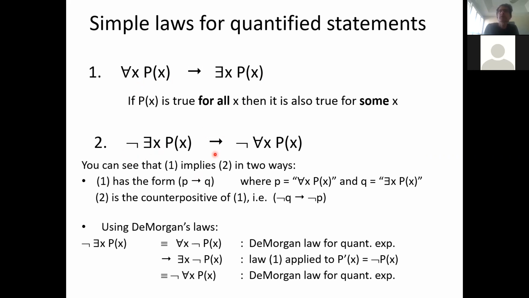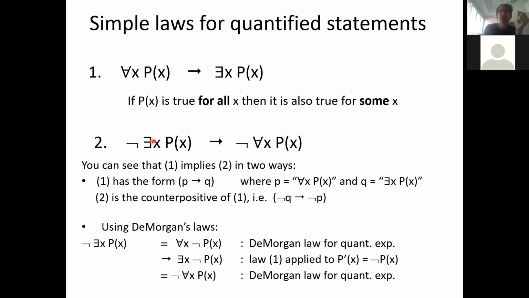Now let's look at the negation. If you are saying that it's not true that there exists an x for which the predicate holds, that implies that it's also not true that the predicate holds for all x's. Again, should be not controversial. If it's not true that there even exists some x that makes P true, then it's also not true that all x's make P(x) true, right?